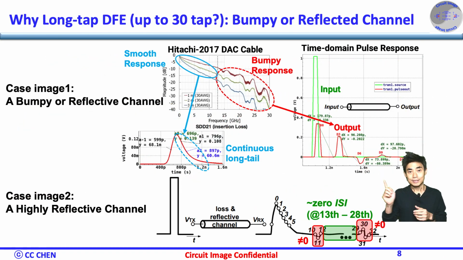Right, the discrete-time feed-forward equalizer, FFE by FIR, can equalize the bumpy channel frequency response better than the CTLE does, which is also the DFE through IIR advantage. In the time domain, those bumpy responses will translate to discontinuity or reflection at the channel interface.